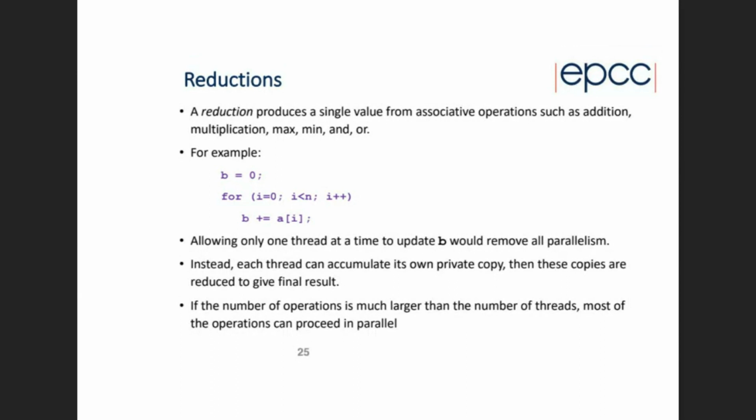Because if we simply try to execute these loop iterations in parallel, and b is just an ordinary shared variable, then we have a problem: these accesses to b, done in parallel by multiple threads, give us a race condition, with multiple threads all trying to add to the same shared memory location at the same time.